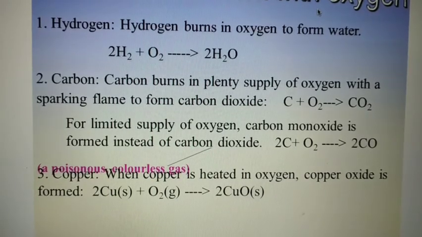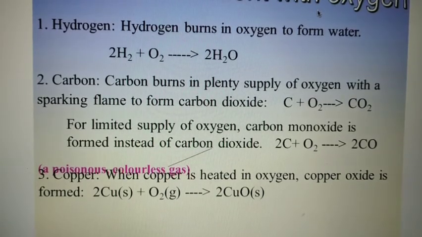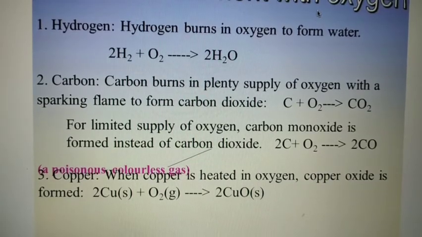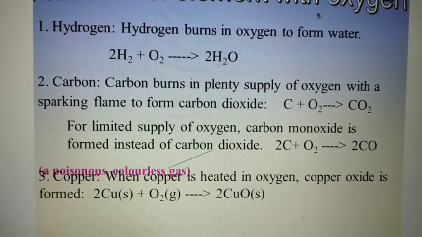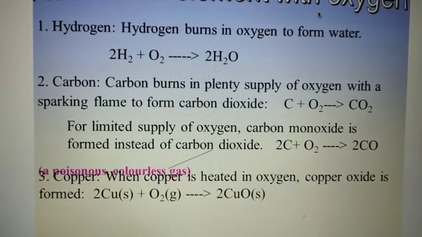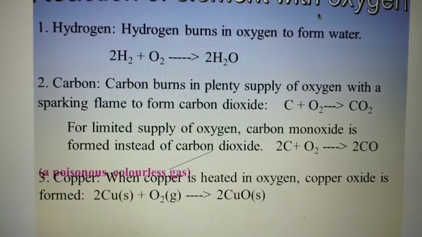So, that is why on a cold wintry night, it is not advisable to sleep in a closed room with a coal-fired fireplace. When the room is closed, no fresh air can enter the room. Initially, what happened? Burning of coal would consume whatever oxygen is present inside the room.